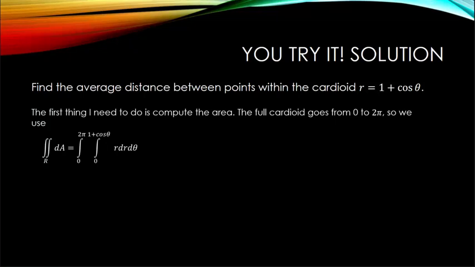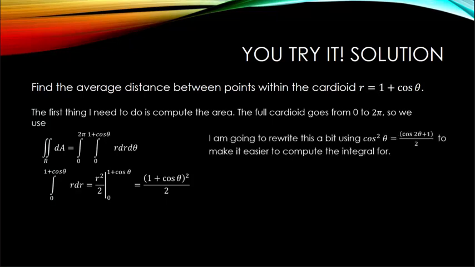Now I want to compute the innermost integral. This is the integral from 0 to 1 plus cosine theta of r dr. That gives me r squared over 2 evaluated from 0 to 1 plus cosine theta. This gives me the quantity 1 plus cosine theta squared divided by 2.